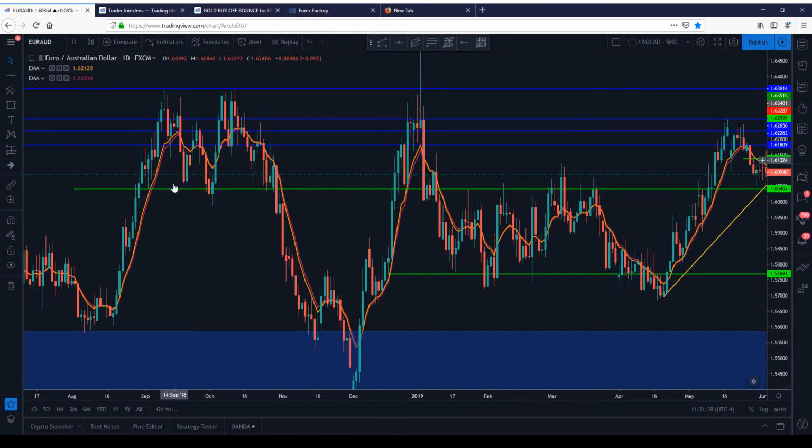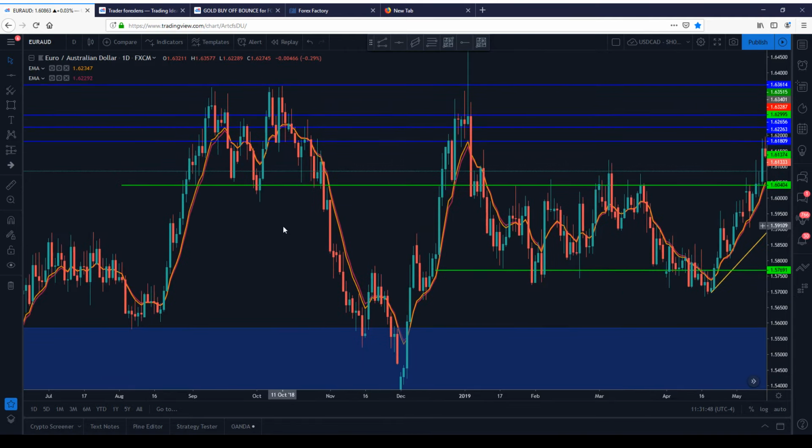When we came from this level, we went up to 1.63614. I don't see that happening, just because Euro has some geopolitical weakness to it. Maybe a short-term level is 1.62278, just coming from here.